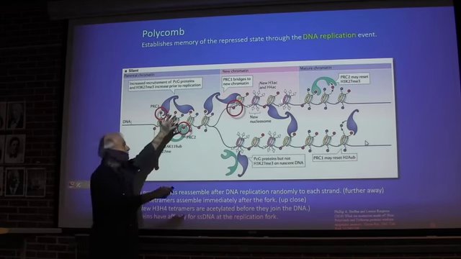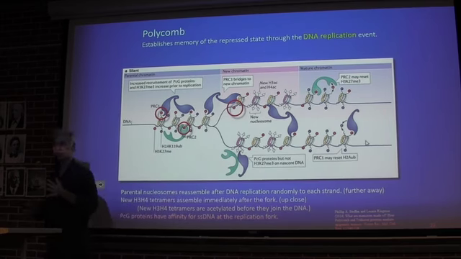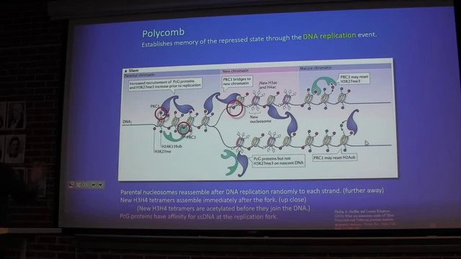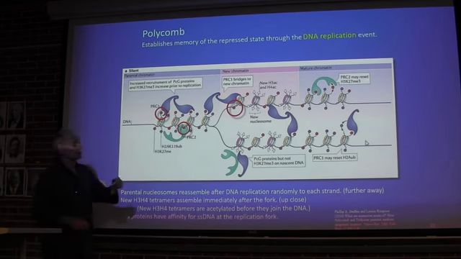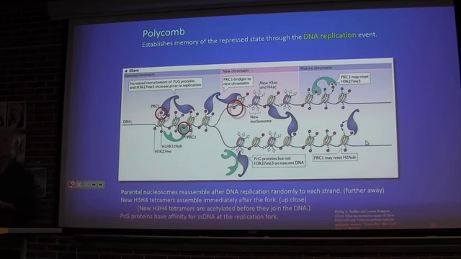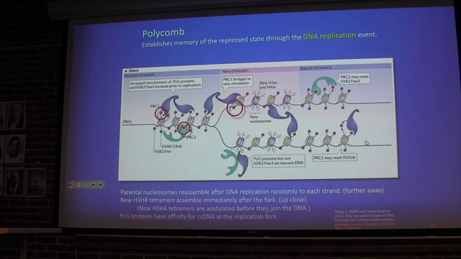And because, in effect, that seeds the newly made chromatin with the marks of the previous generation. And these complexes, whether it's trithorax or polycomb, are able to bind and then spread the mark specifically for them. So that's how they do it.